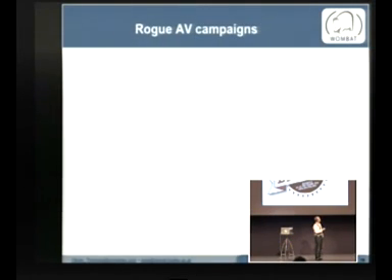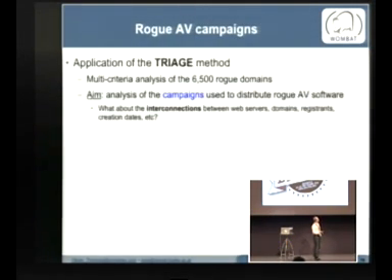Then we applied the approach that I have shown. We applied MCDA, a multi-criteria clustering, on this data set. The aim is, of course, to analyze the campaigns. The whole point is to find the root cause, so to group all the domains that might be due to the same campaign, so to the same group of people.